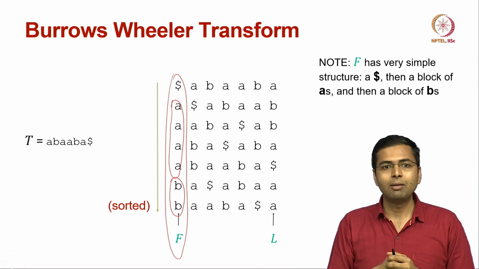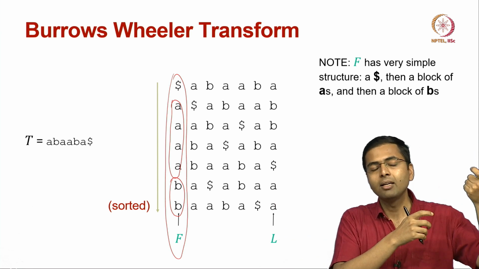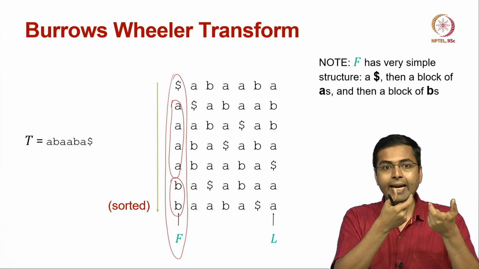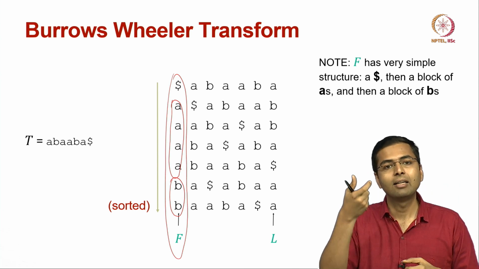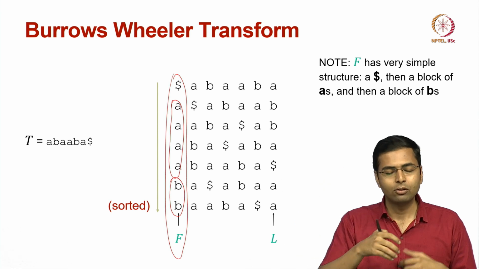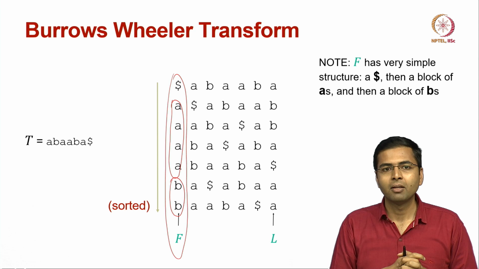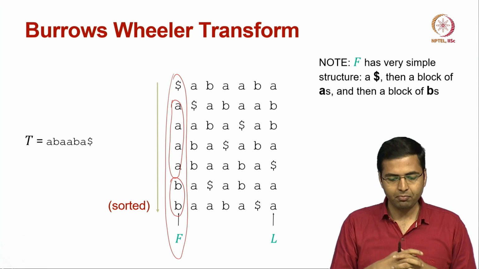Similarly, if it is a DNA sequence, then you will see a dollar symbol, then A characters, then C characters, then G characters, and then T characters. So, column F follows a very simple structure that is easy to understand.